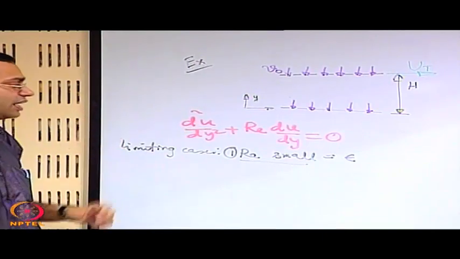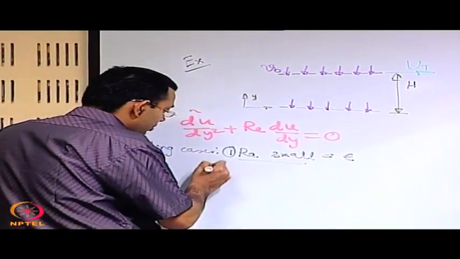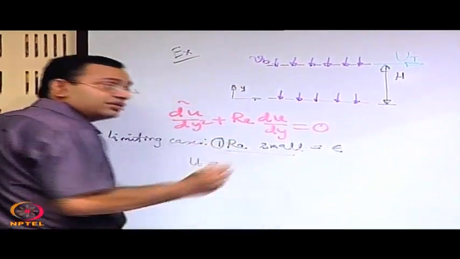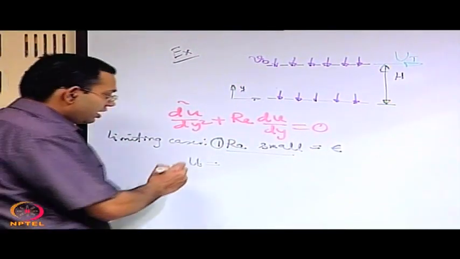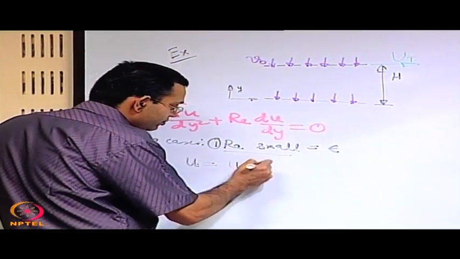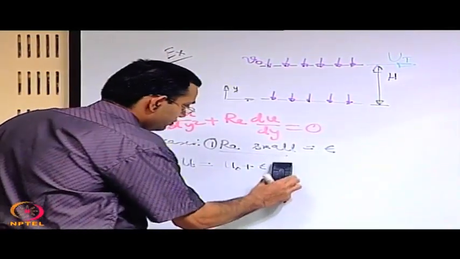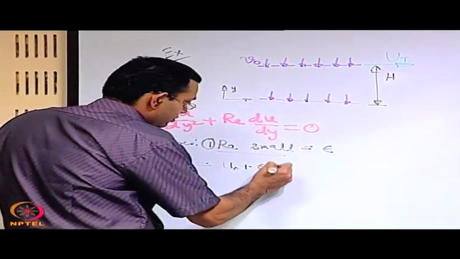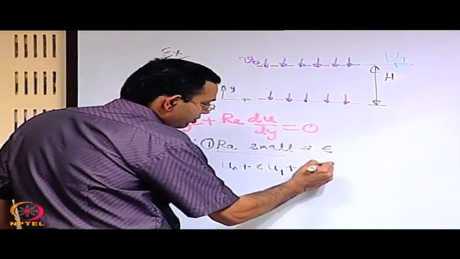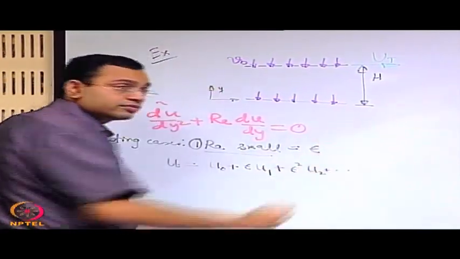So in that case there is a method known as the method of perturbation, where you may expand u as u0 plus epsilon u1 plus epsilon square u2 like this.